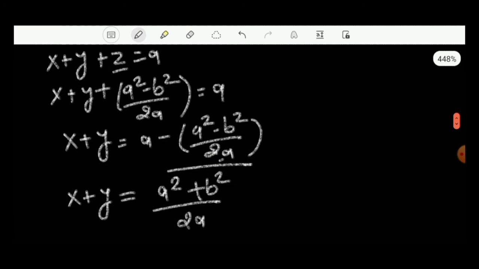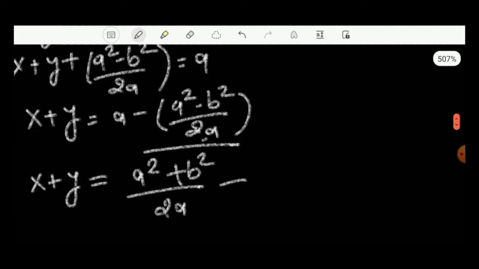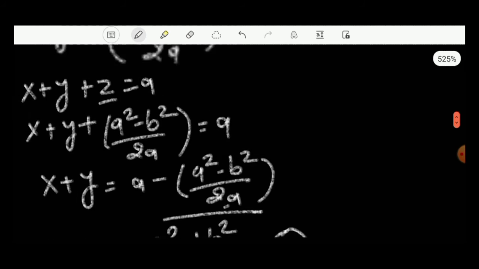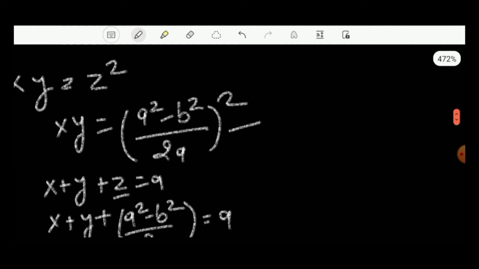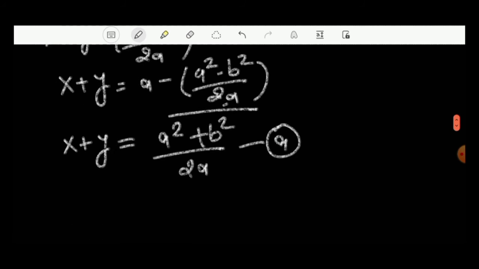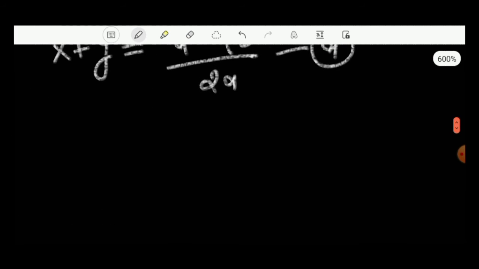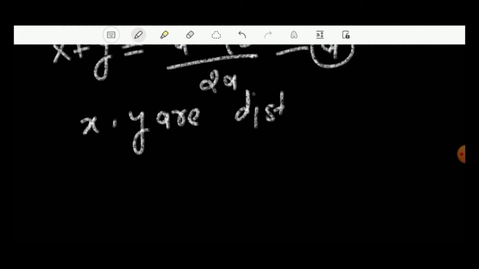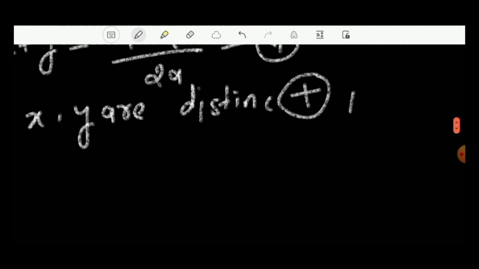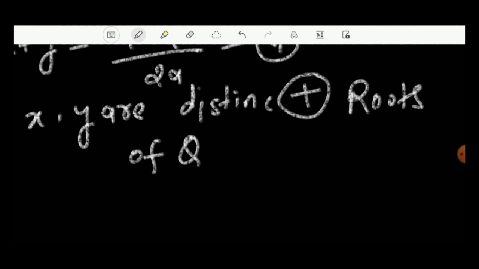And now we have two equations. Let's call this one A, and this one is our B. So now assume x and y are distinct positive roots of a quadratic equation.